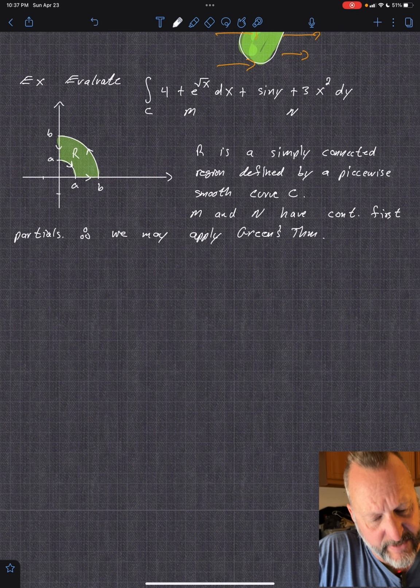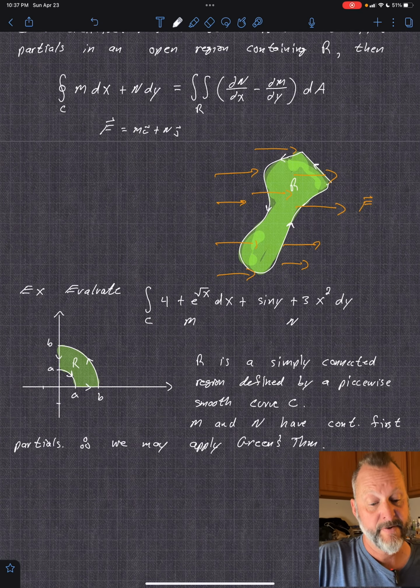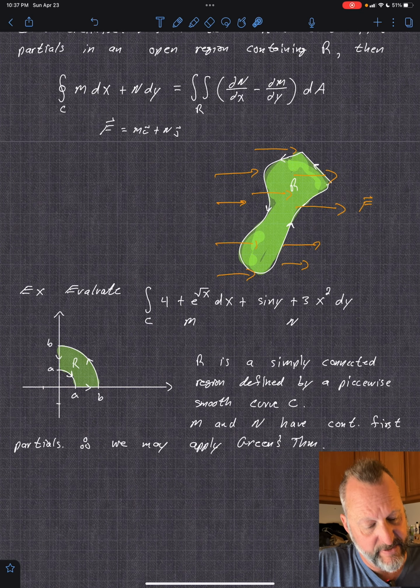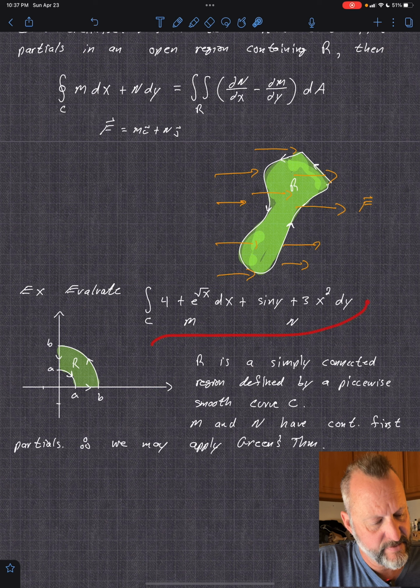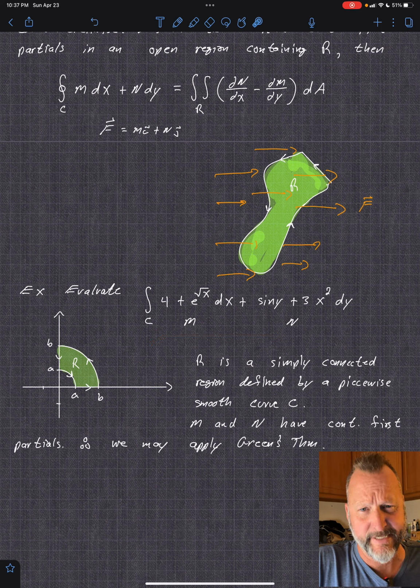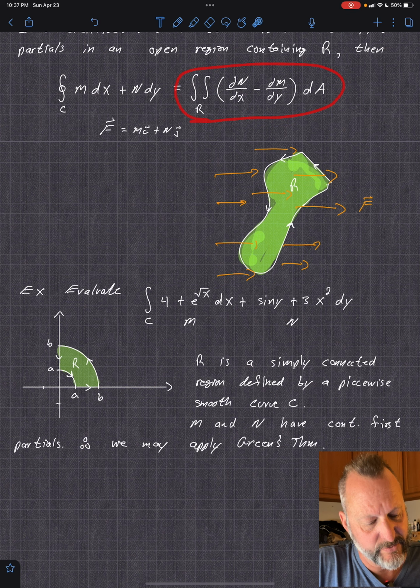And so we can just go back to Green's theorem, instead of doing this line integral, which basically, they kind of suck often. I don't like them. We can do a double integral and do those partials, which should simplify this a bit.